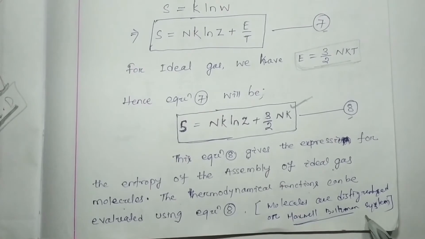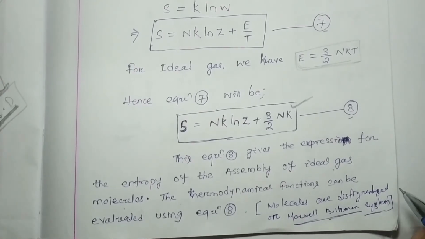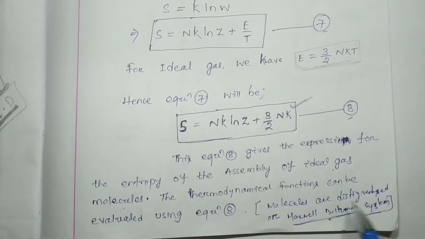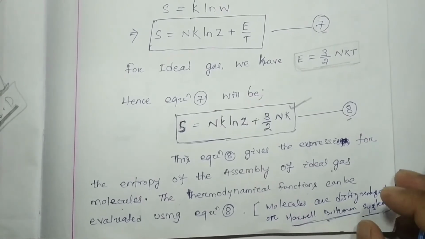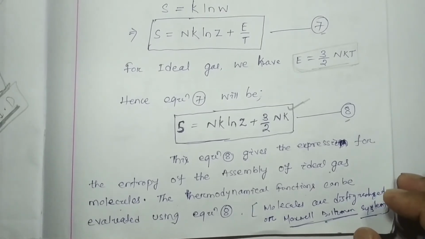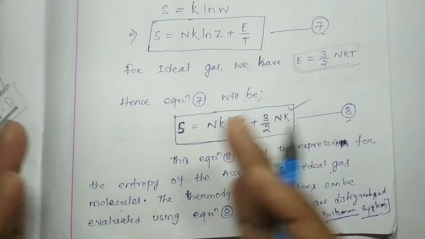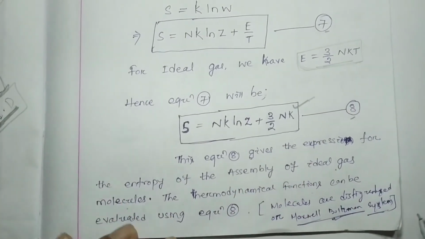Or the Maxwell-Boltzmann distribution law is applicable where molecules are distinguished. That we have discussed whenever we started the Maxwell-Boltzmann distribution derivation. In that lecture, I discussed a classification.